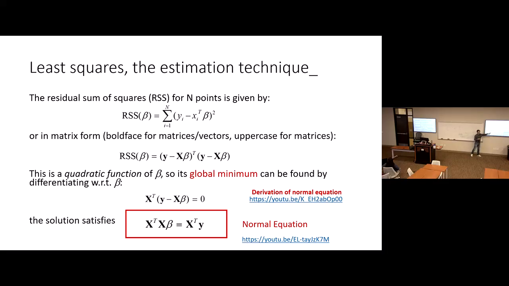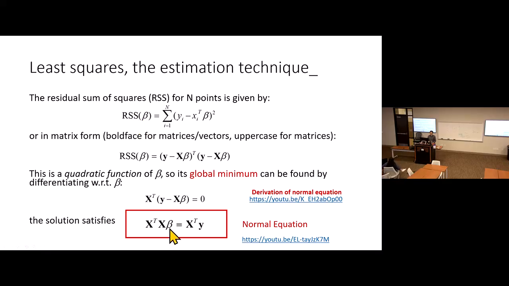There is some differentiation formula involved here, so I'm not going to go into too much detail. You can find a YouTube video as a reference. But the solution is when beta satisfies this situation, you will get the minimized beta to give you a minimized RSS value.